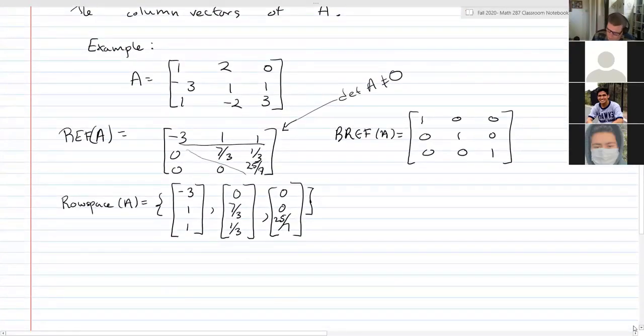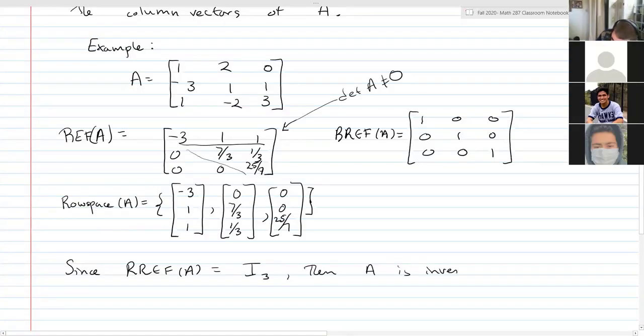linearly independent. So what we could say is, since REF of A equals the identity I3, then A is invertible. And if you remember from earlier in the week, the column vectors of A are linearly independent.